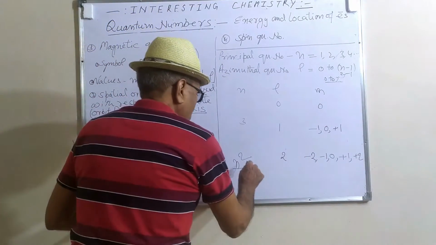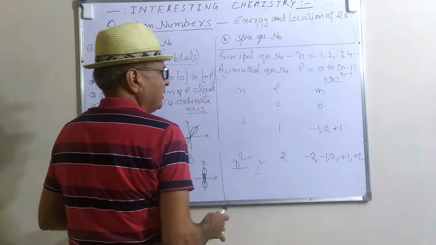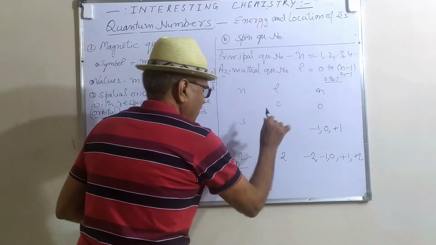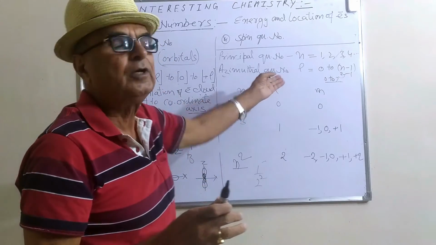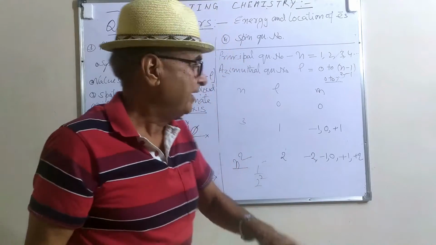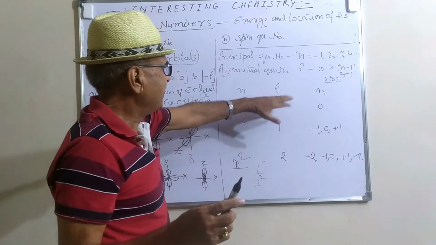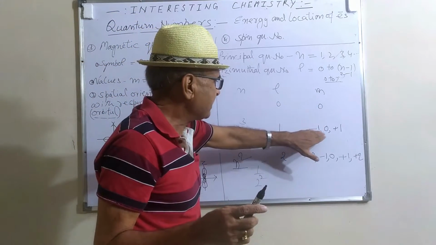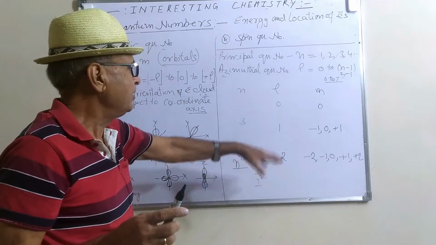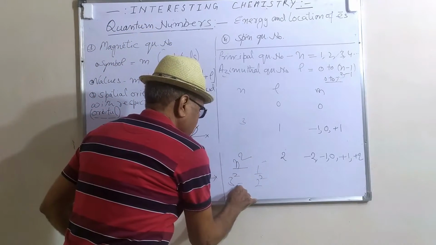If n is equal to 1, there is only one orbital. If n is equal to 2, there are 4: S, Px, Py and Pz. In the third cell there are S, Px, Py, Pz and the 5 orbitals of d. So there are 9 orbitals. 3 square is equal to 9.